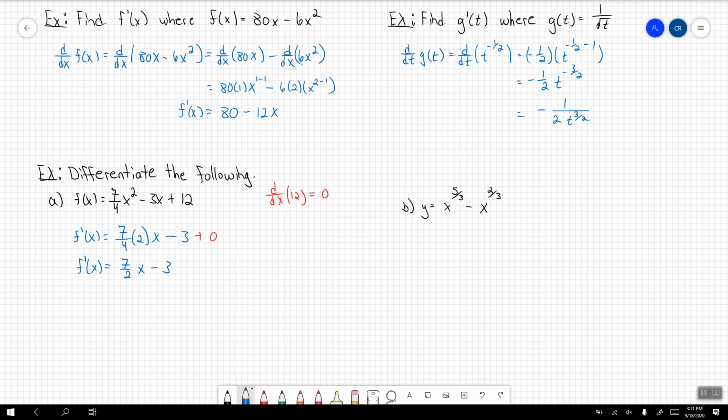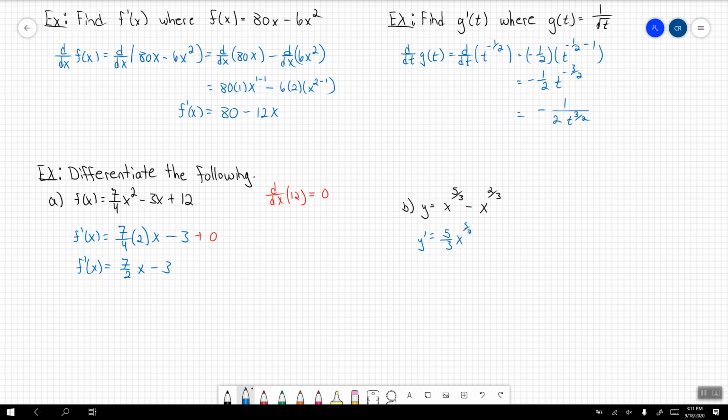Looking pretty good. Let's go with part B. All right, going with part B, what's going to happen here when we take this derivative, so y prime, we're going to distribute that derivative for each individual term, and then you take the exponent for those x values and you drop them forward, so 5/3, and then you subtract 1 from the exponent.